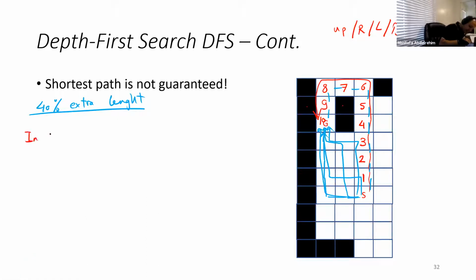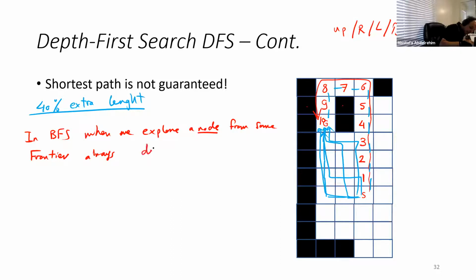In breadth first search, when we explore a node from some frontier, always the distance of the frontier to the start node is less than the distance of this newly explored node to the start node.